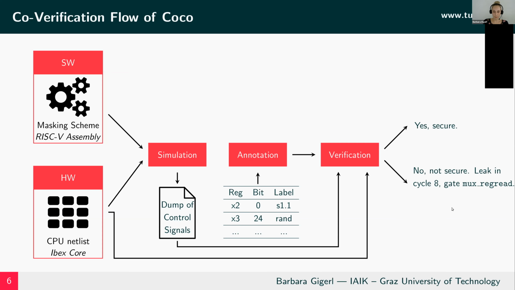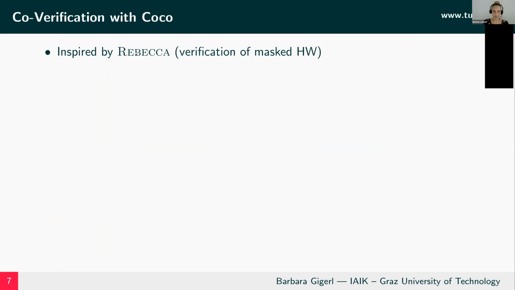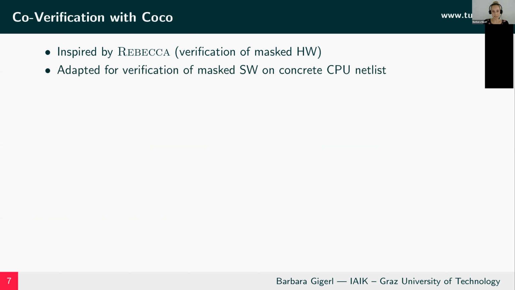Okay, so the co-verification methodology itself was inspired by Rebecca, which is a pure hardware verification tool. And we extended it such that we can execute masked software on a concrete CPU netlist, so on a hardware. And it works roughly like that.